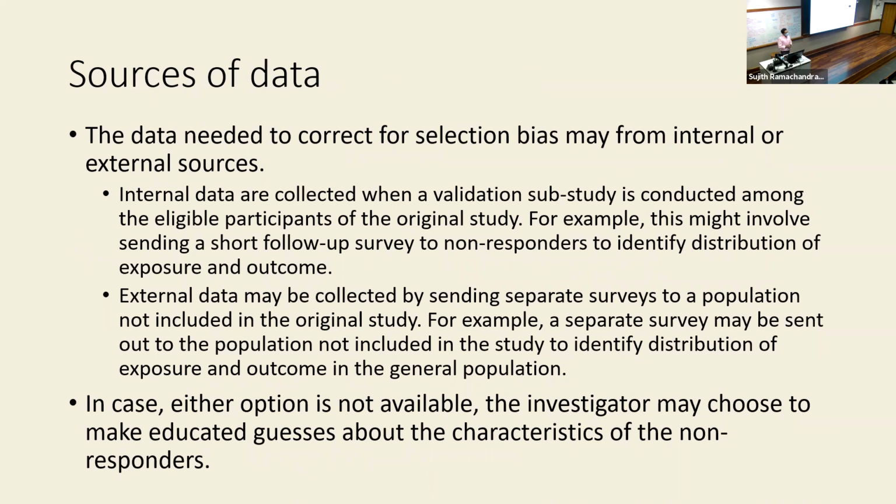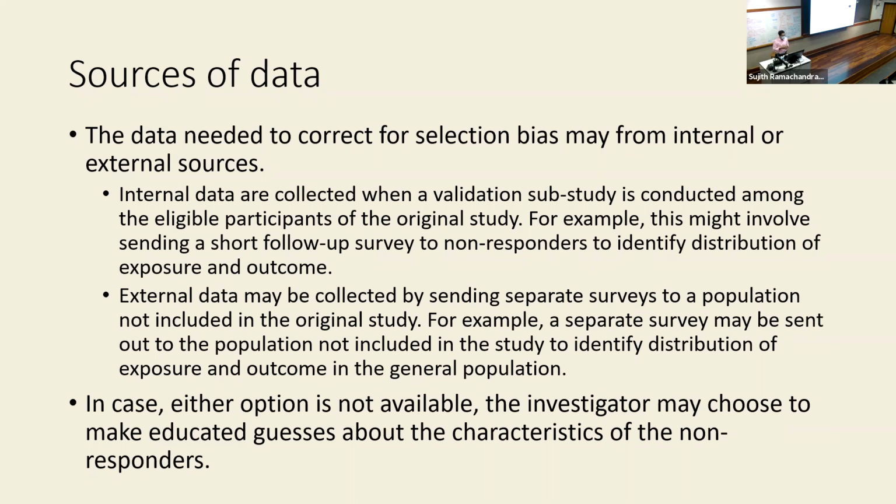In order to conduct quantitative bias analysis to account for selection bias, you need certain data or parameters. These data can be collected in two ways: an internal validation study or an external validation study. An internal validation study is usually called a validation sub-study, which is conducted in a small group of your study population.